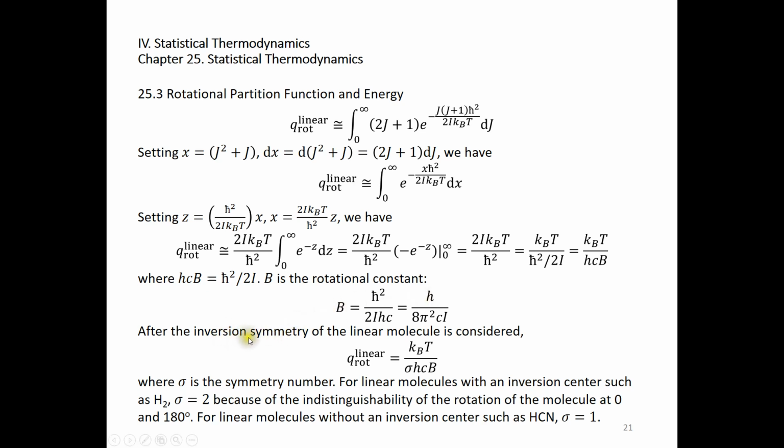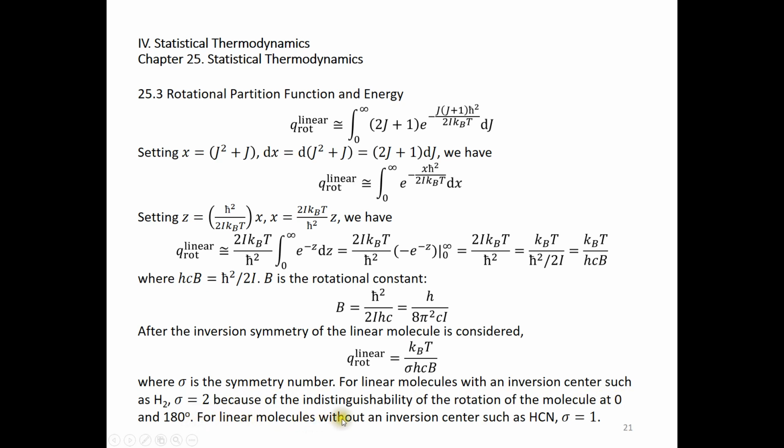After the inversion symmetry of the linear molecule is considered, the rotational partition function of a linear molecule should be k_B T over sigma hcB. So what is this sigma? It's the symmetry number. For a linear molecule with an inversion center, such as H2, sigma is 2, because of the indistinguishability of the rotation of the molecule at 0 degrees and 180 degrees.